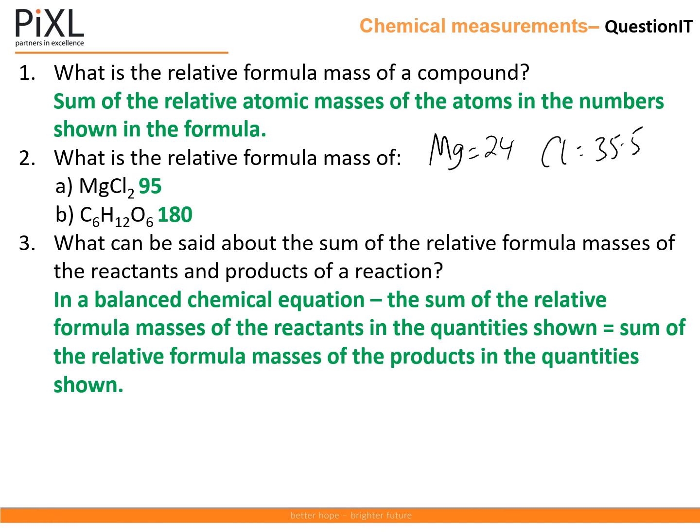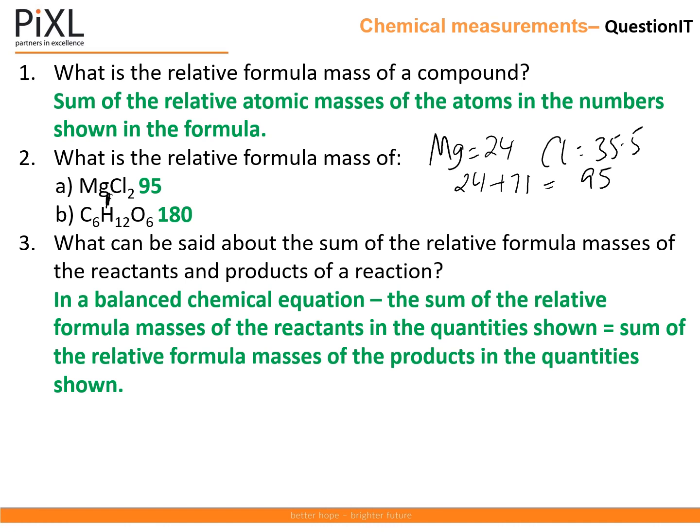If there's no number, it means 1, and I've got 2 chlorines, so I do 24 plus 2 times 35.5. If I add these two chlorines, it gives me 71. If I add the 24, it gives you 95.